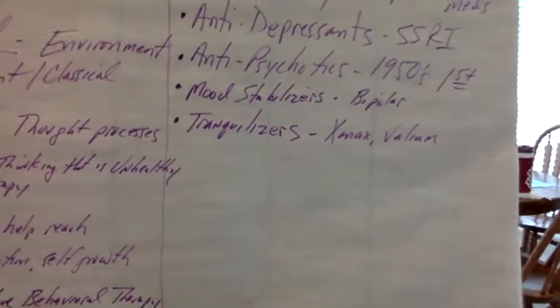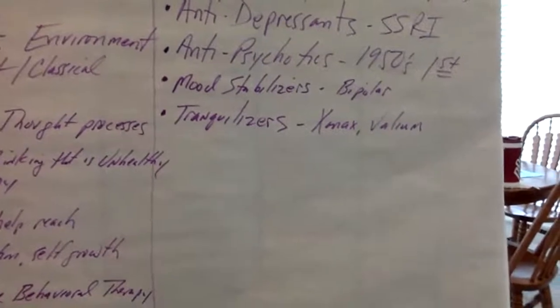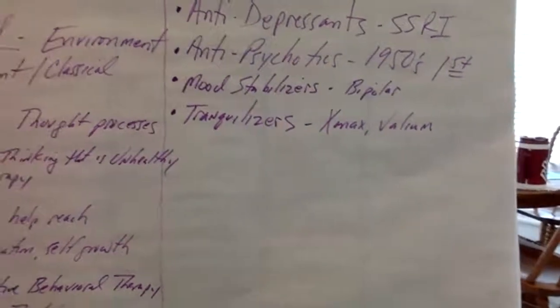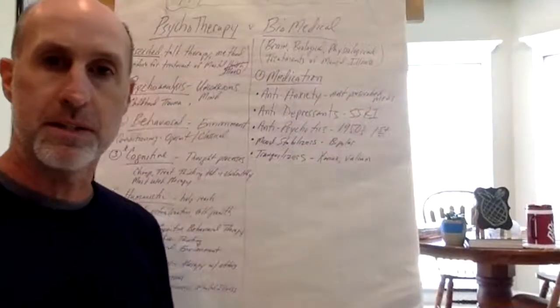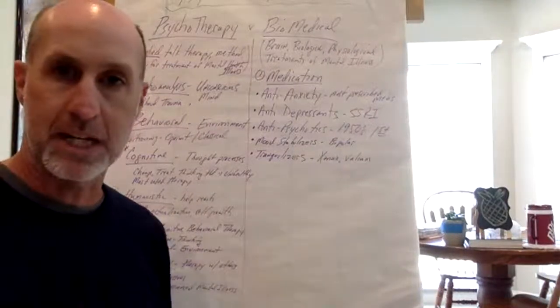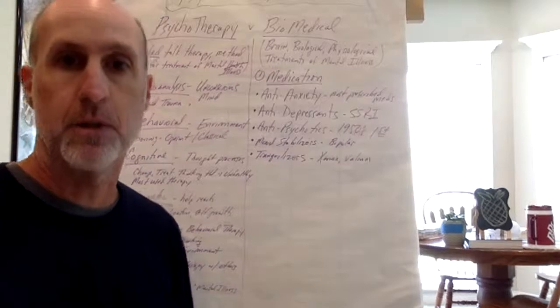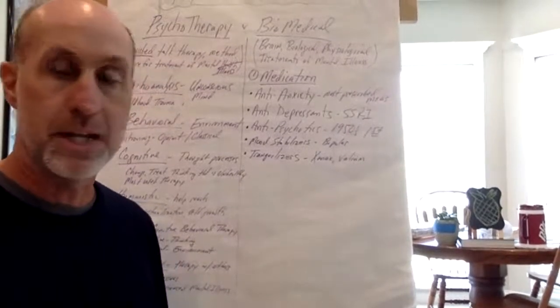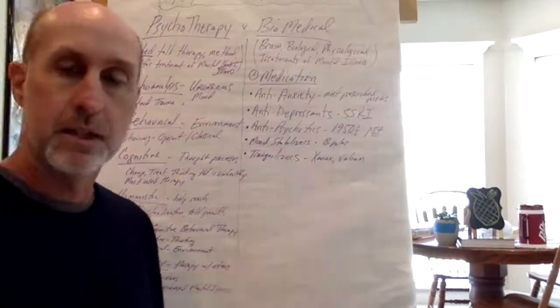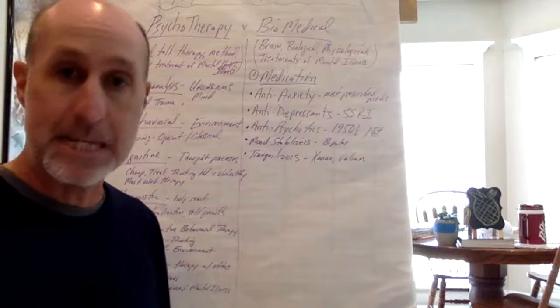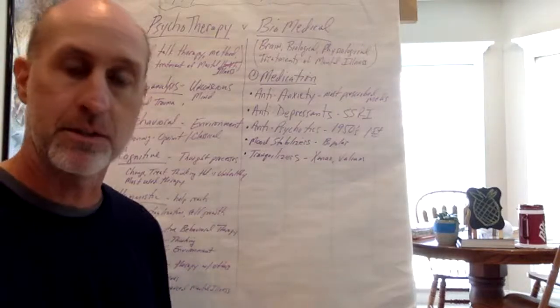You also have Valium, and there are other ones that we can use, but these are called tranquilizers. So again, what they do is they sedate my nervous system so that I can't spark, so I can't go into panic. Most anxiety disorders, if they deal with a panic attack, are going to involve Xanax.